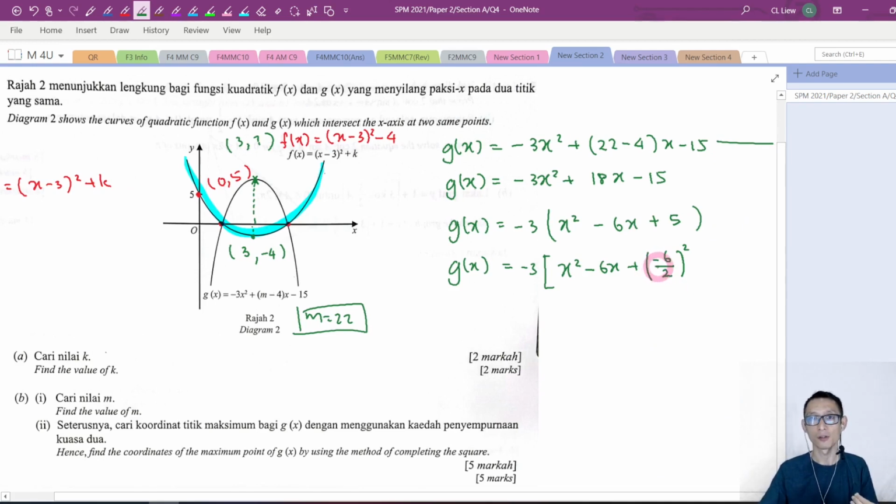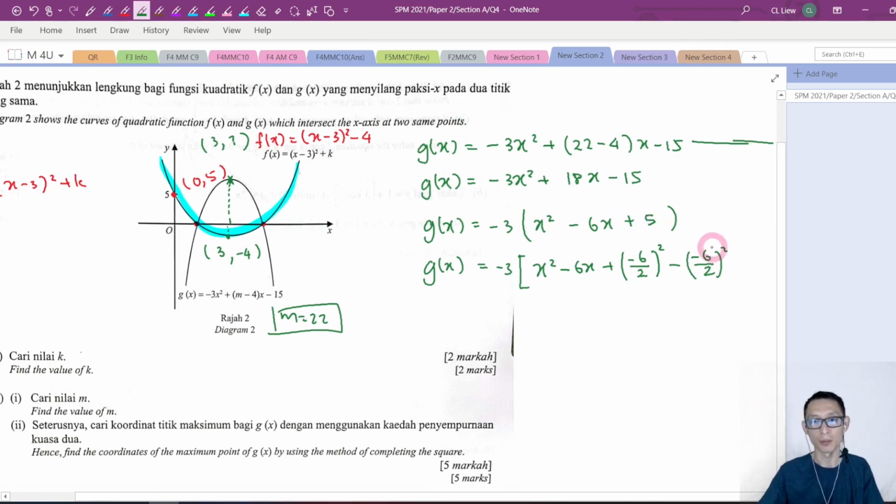This thing we added ourselves, right? That means we already changed the value, so we need to minus back this whole thing. We add this one, we minus back, we keep the value the same. And don't forget, you need to copy this one.